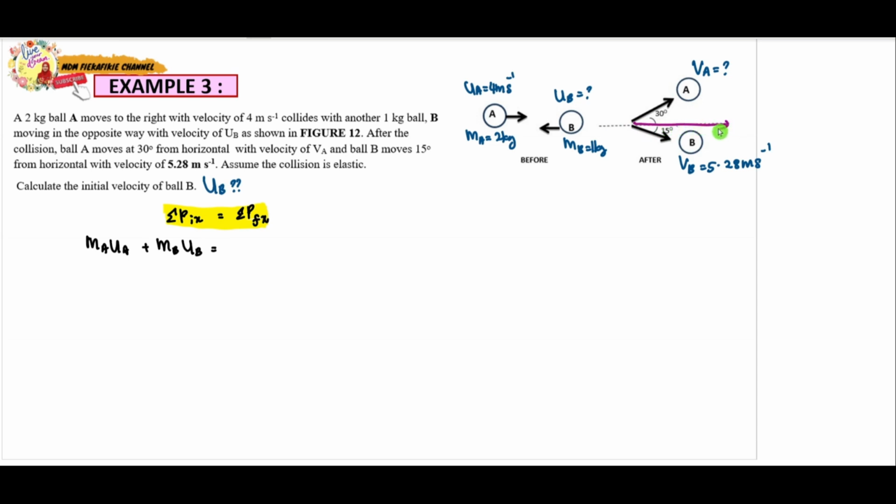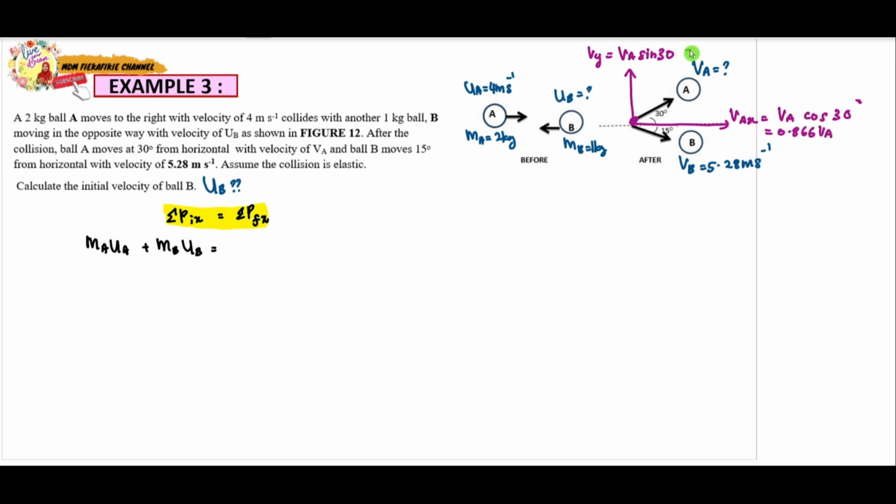VAX, we can resolve. Okay, VA resolve to X component, so kita akan ada VA cos 30 degree. VA kita tak tahu nilai dia berapa. And then VY upward, so positive VA sin 30 degree. So kita boleh kira lah kot. Cos 30 degree tu tekan calculator, you akan dapat berapa? 0.866. Check.